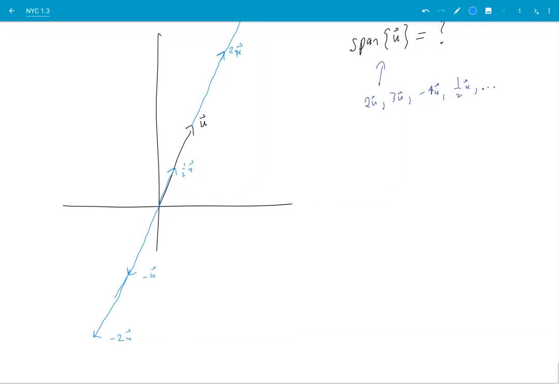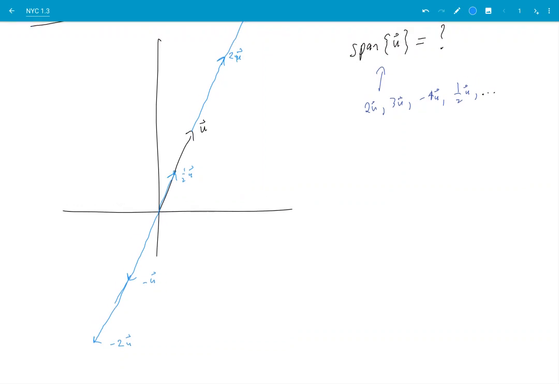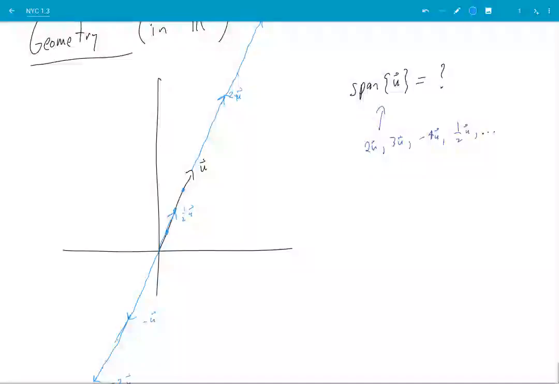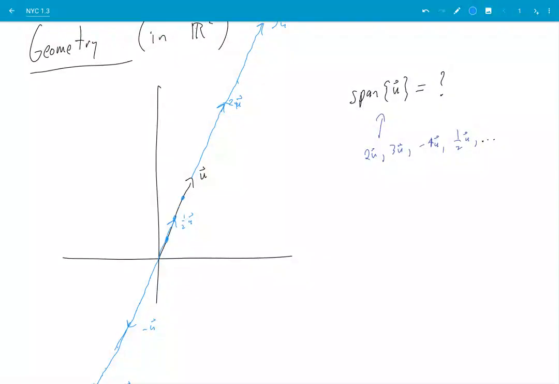Okay, but I have everything, right? I have a half u, I got quarter u, I got 3/4 u. So I hope you can convince yourself that you can visualize it as the line, right? So that's what we'll write down here.